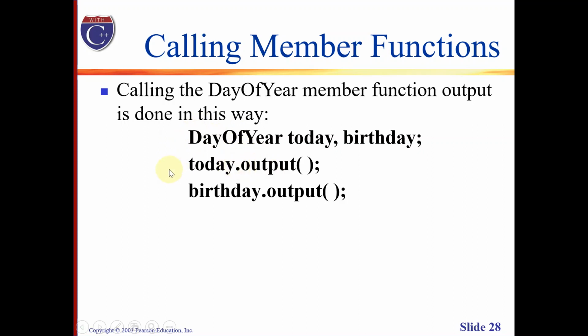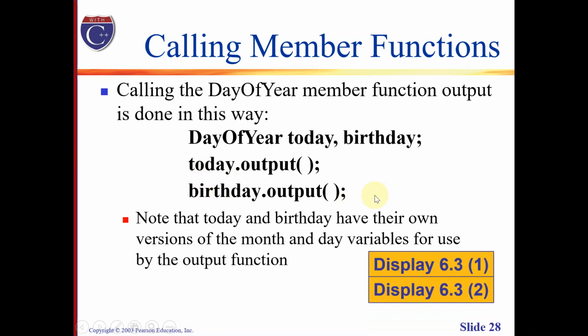To do so, we simply do a function call, but in this case, it's not just a regular function call. We need to use the dot operator to specify which class this particular function belongs to, as we can see here. Note that today and birthday have their own versions of month and day variables for use by the output function, which means they are completely different from each other.